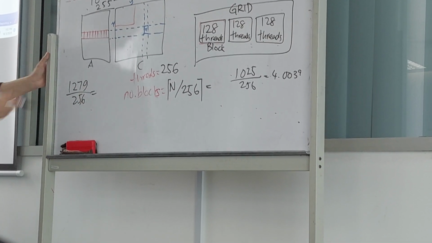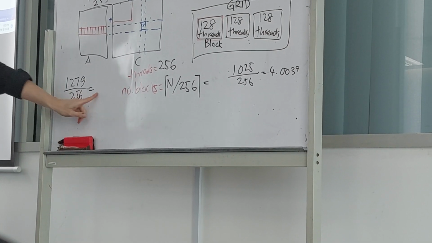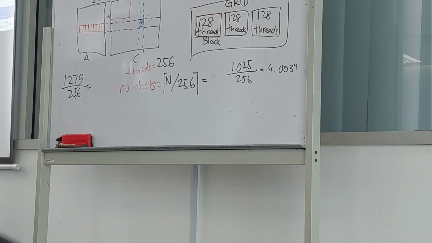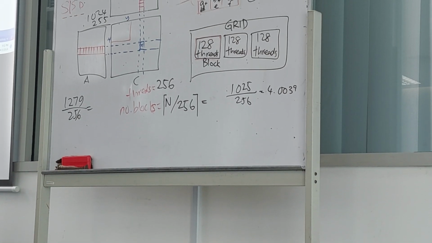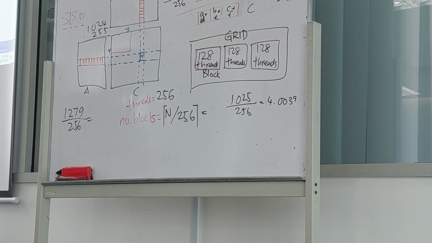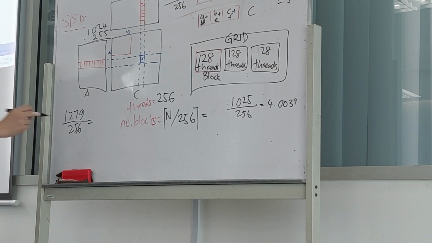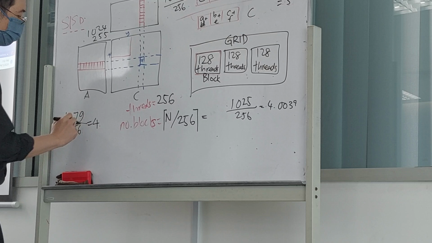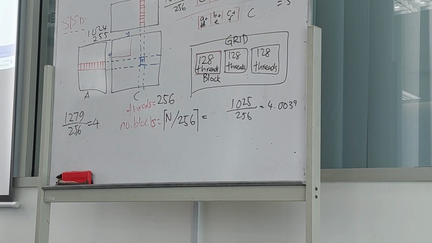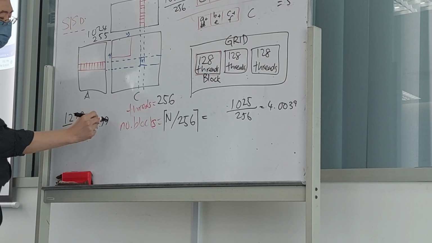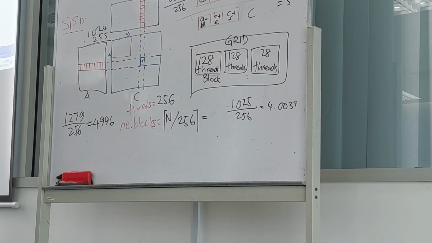What do I get here? You take this number, give me in fractional number. What do I get there? 4 point something, right? 4.9 something. Is that true? What is the number? 4.996. And when I round down, it'll be 5, which is correct.